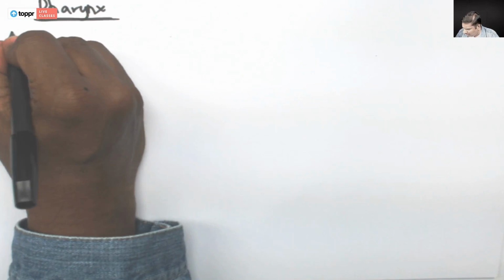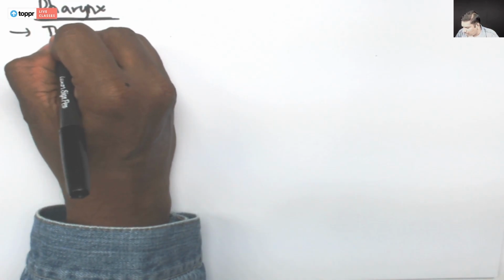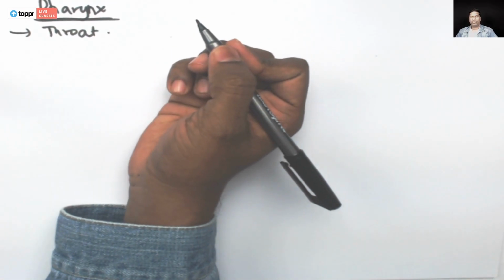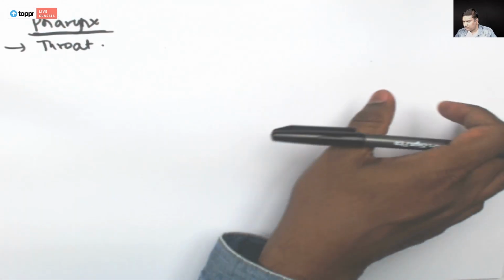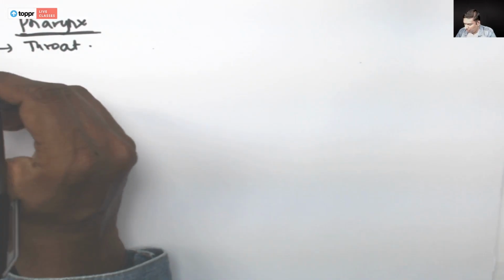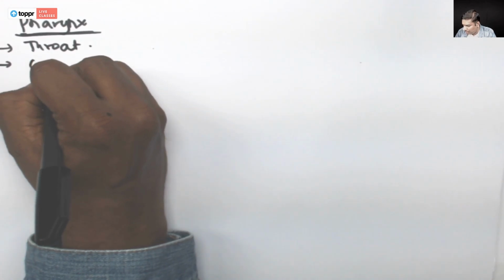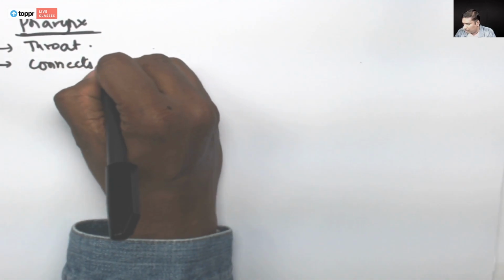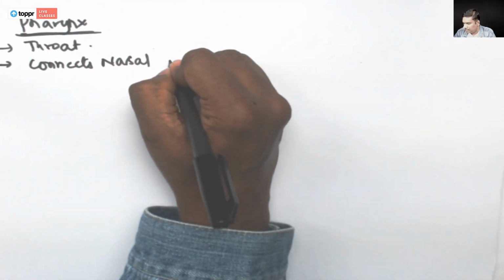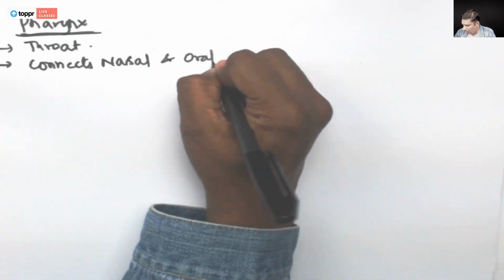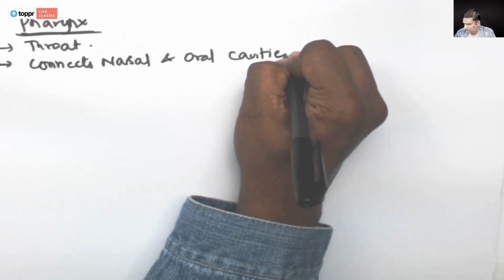Pharynx. Now in simple terms, this is called the throat. In common language we call it throat, and this throat actually connects the nasal and oral cavities.